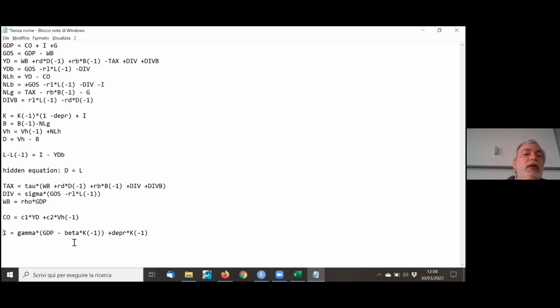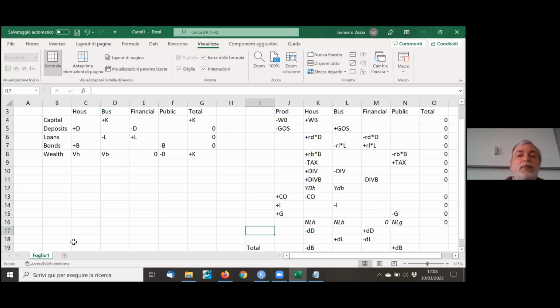The benchmark can usually be either GDP or the stock of capital, and the two are usually related. So the way I proceed is I copy this sheet to a new sheet.